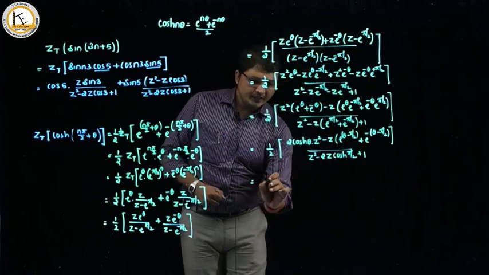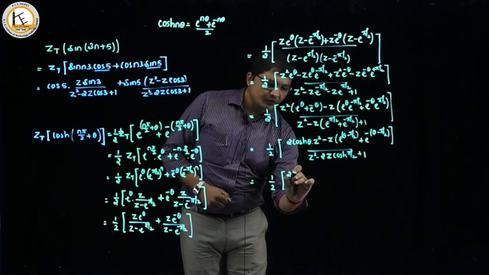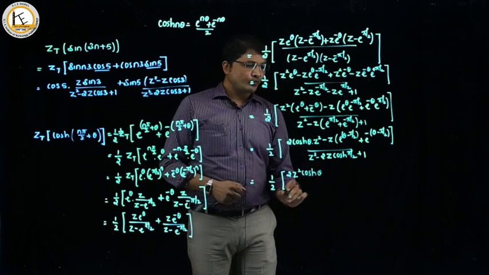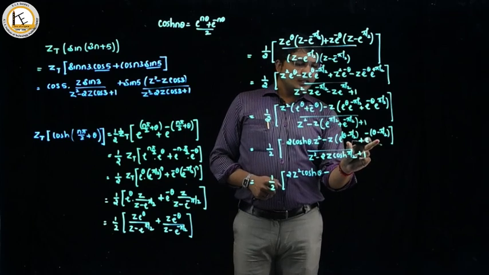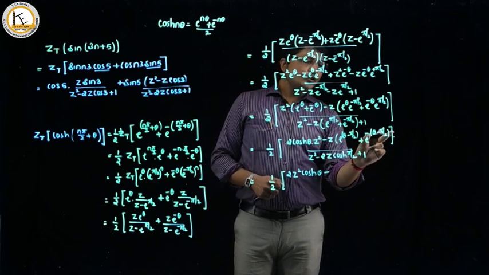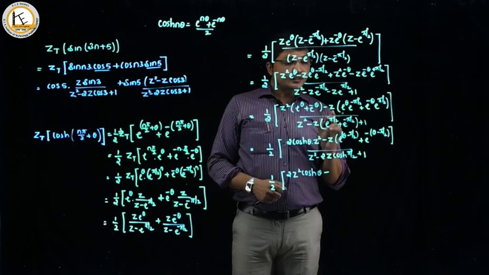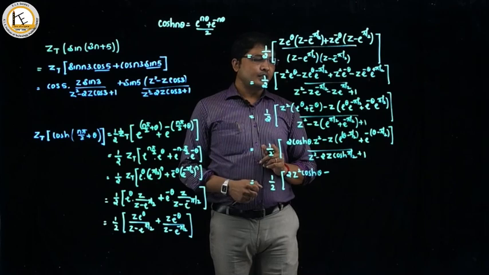So finally we write it as 1 by 2 into bracket 2 times of z square minus, again these two, cos θ.